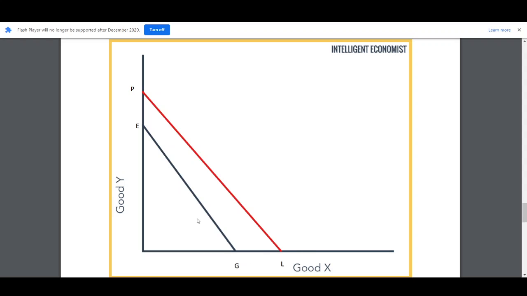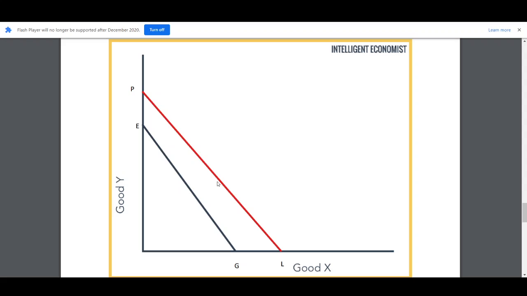In short, we can say that among these two countries, England has less comparative cost advantage because the production possibility curve of England, that is EG, lies below the production possibility curve of Portugal, that is PL.